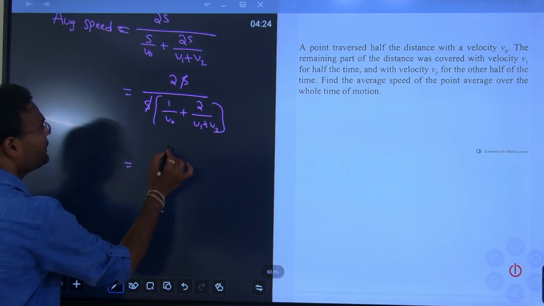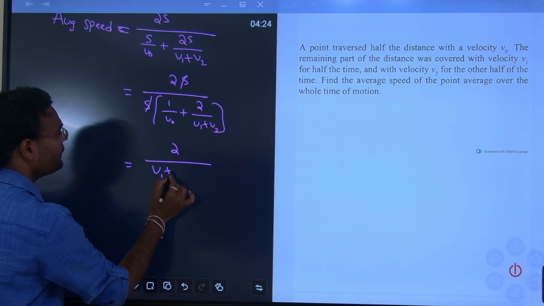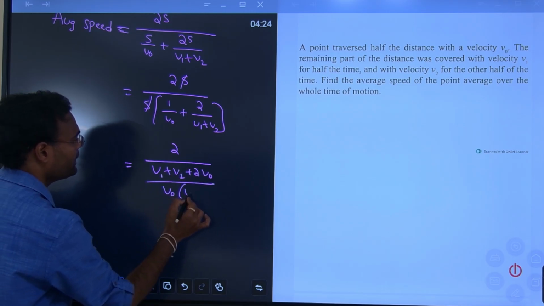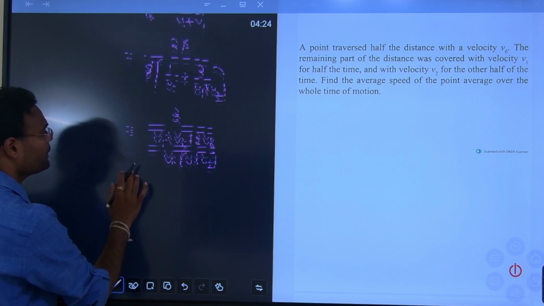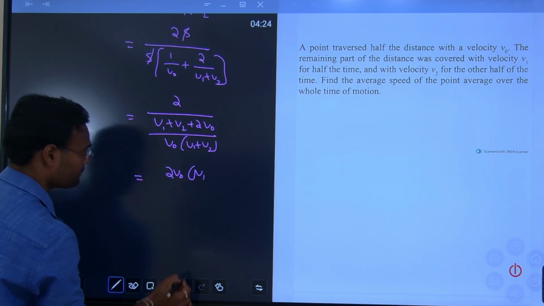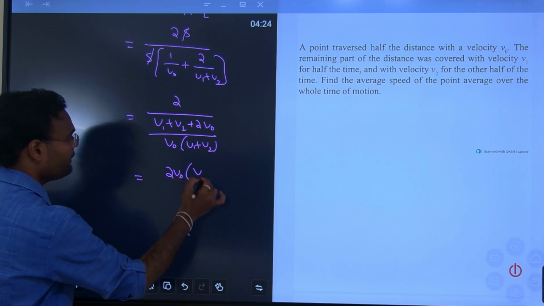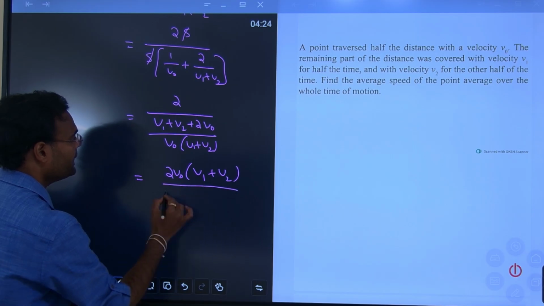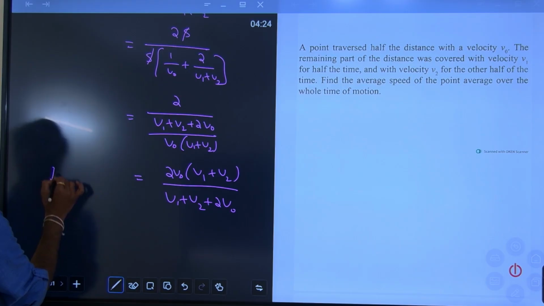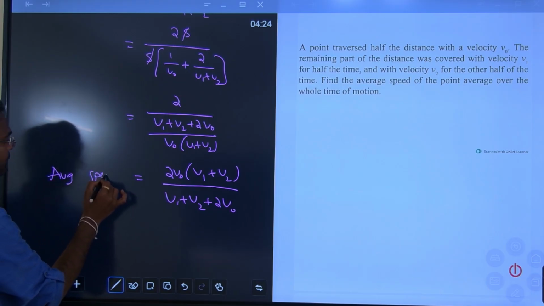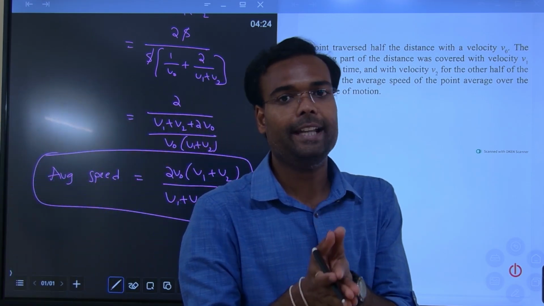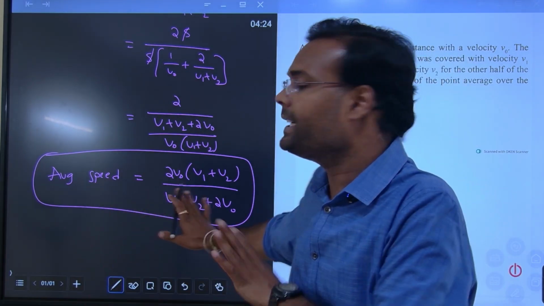Yes, S gets cancelled. So the average speed is 2 V0 times V1 plus V2 by V1 plus V2 plus 2 V0. This is the average speed, and this is a type of critical problem for the concept of speed and velocity.